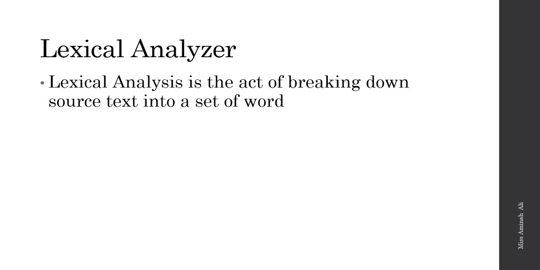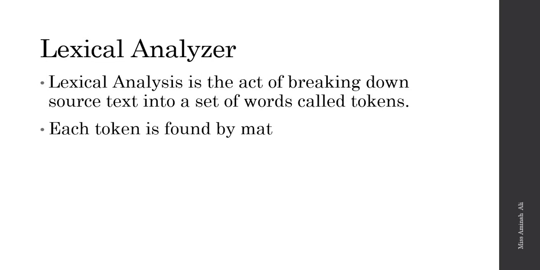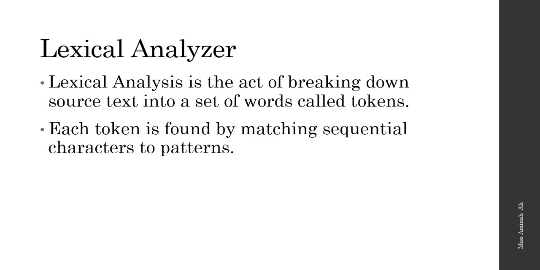We have studied it in our previous lecture, and also when we studied the phases of a compiler. Basically, lexical analysis is the act of breaking down the source text into a set of words called tokens, and each token is found by matching sequential characters to patterns. We will discuss what tokens are, what a pattern is, what sequential characters are, and all the related stuff.